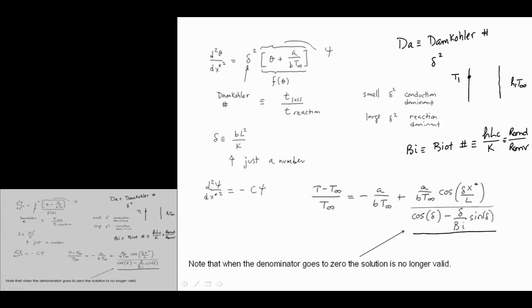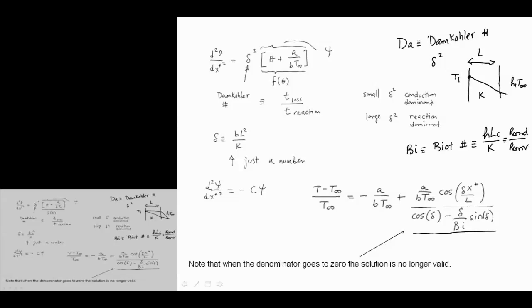So this has some length L and some thermal conductivity k internally. So there are all sorts of different possible temperature profiles internally here relative to what goes on outside.